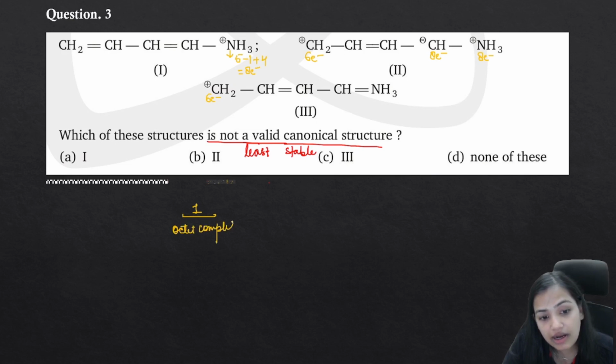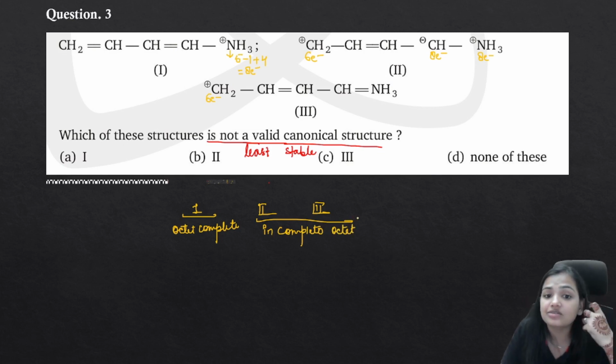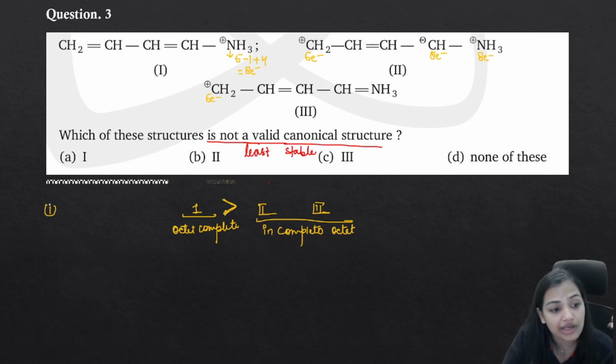And in structures number 2 and 3 the octet is incomplete. Because of this incomplete octet, the second and third are going to be the less stable structures. So the first is more stable.